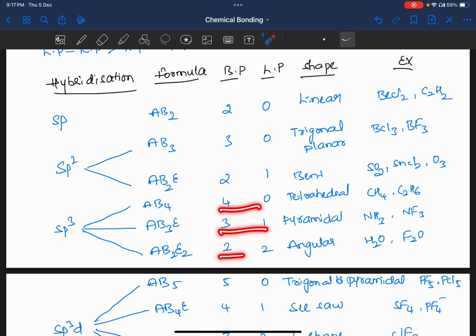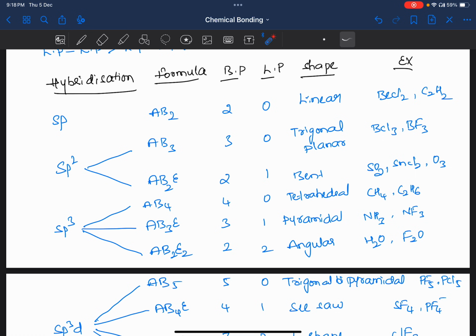So in all of these the total number of electron pairs is 4. So these molecules exhibit sp3 hybridization. But due to electronic repulsions, the structures of the molecules change to tetrahedral, pyramidal, angular.